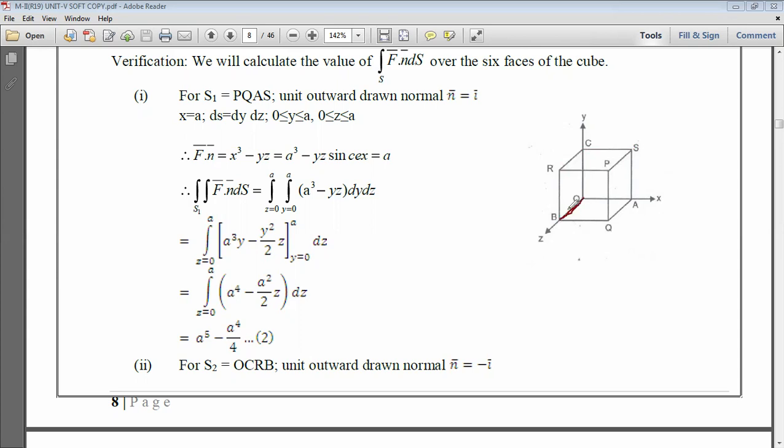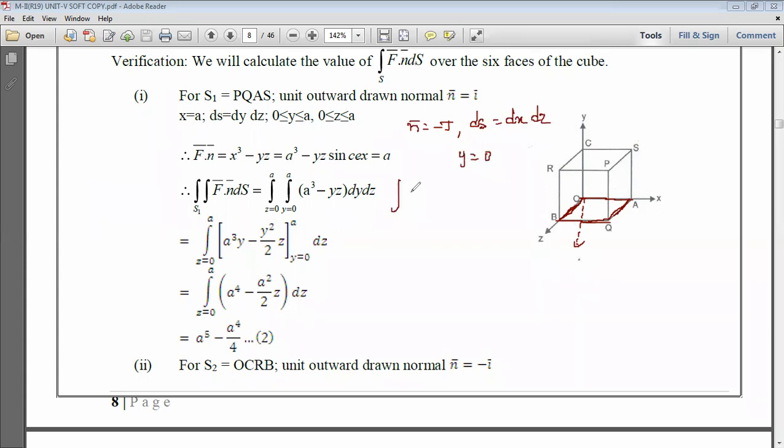And suppose if I am going to choose S4, that is nothing but the opposite face. This is right. So this is the opposite face, right? Okay, and this is opposite to the y-axis, right? So opposite to the y-axis is nothing but n bar is equal to minus j. n bar is equal to minus j, and this is exactly in the xz plane. If it is in the xz plane, what about y? y equals 0.